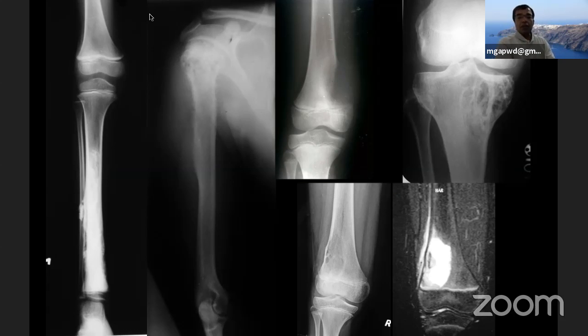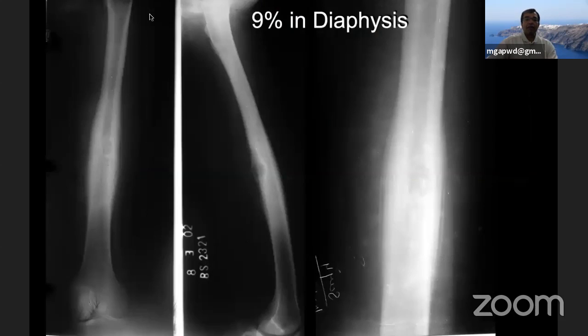And sometimes it can look telangiectatic, it can look like an ABC, it can look permeative, it can look moth-eaten. So there is no classic appearance, or there is no appearance which can tell you that this is not an osteosarcoma. So in the age group of 10 to 25, it should always be a part of differential diagnosis, irrespective of what the X-ray looks like.